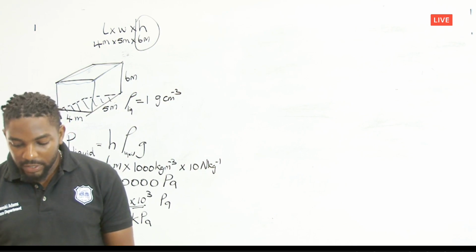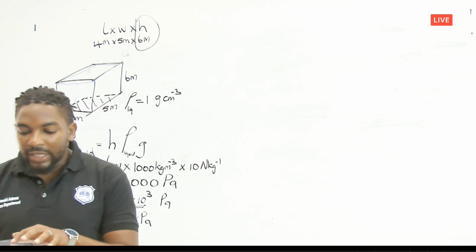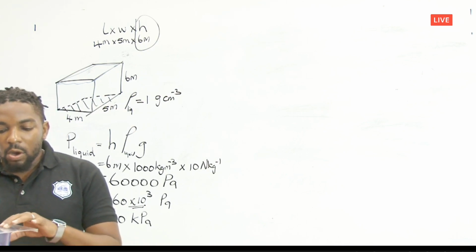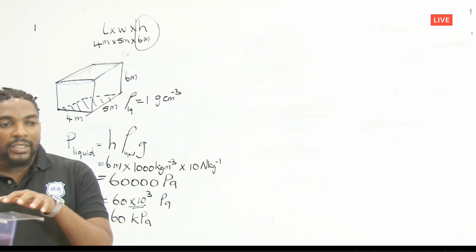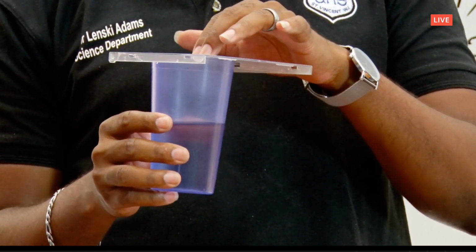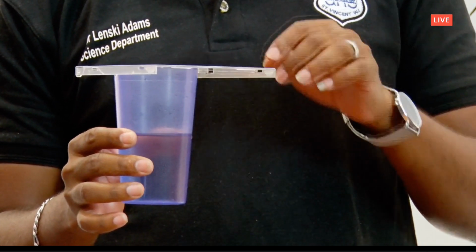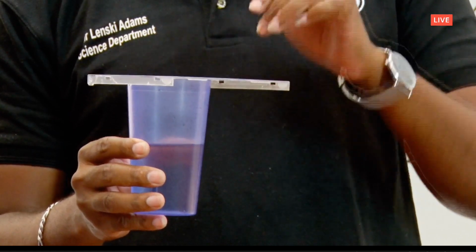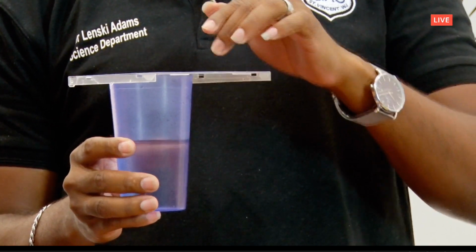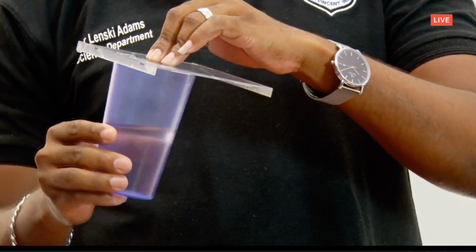Now, before we go to that, I want to show you a demonstration here, where it shows a point where we talk about pressure acts equally in all directions. Good? And to tie in the case of atmospheric pressure. Now, we have a glass here that is filled with water and a lid that is actually over the glass.